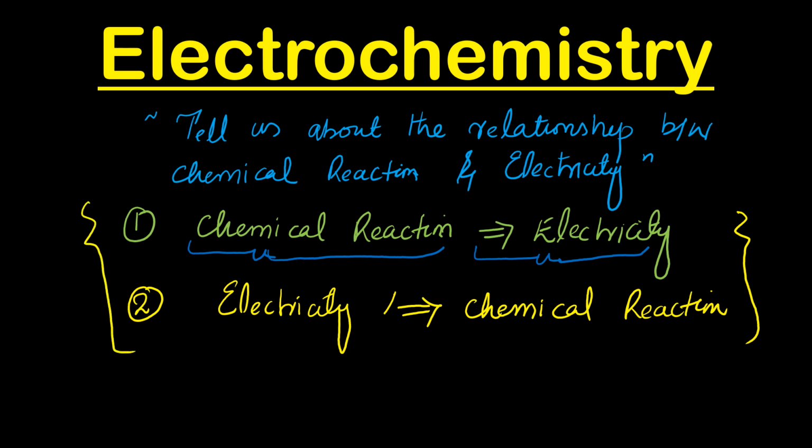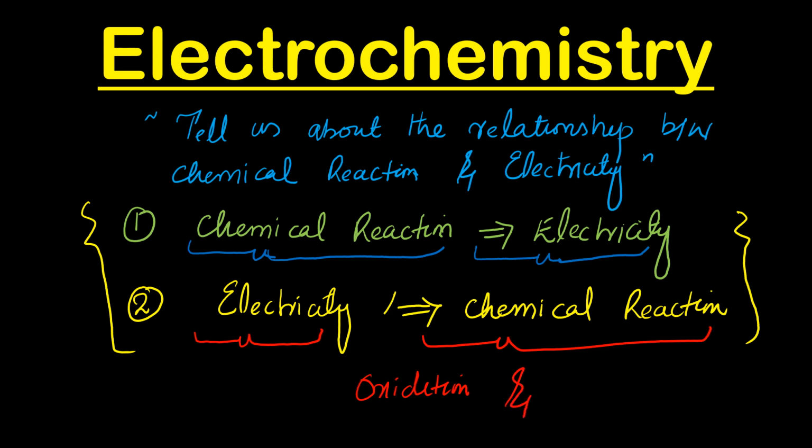So in this case, dear student, an external electric field or external electric potential is applied on different kinds of chemicals, and these chemicals usually dissociate due to oxidation and reduction reactions.